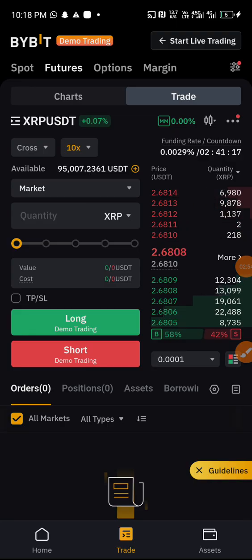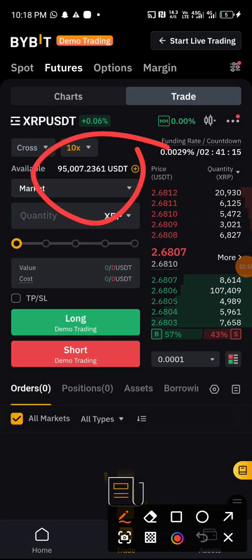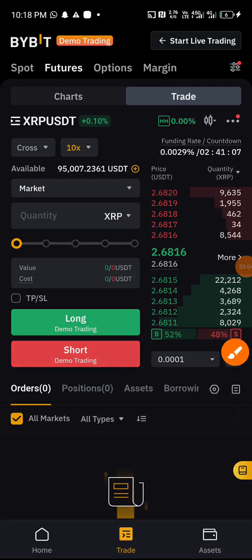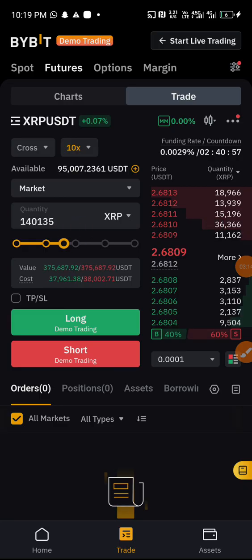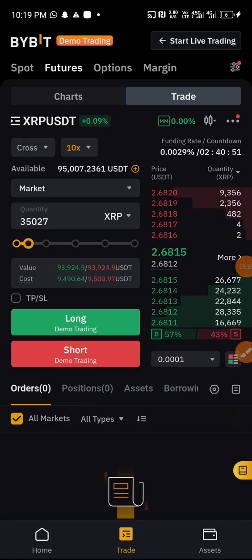So since I have decided to trade short, this is my fund. I'm going to decide how much I want to trade with. Let's say I want to trade with 100 USD.